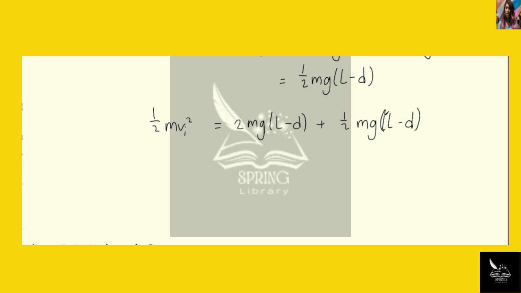So the sum of the kinetic energy and potential energy before, or at the bottom of the circle, has to give us the sum of the potential and kinetic energies at the top of the circle. So if we do a bit of rearranging, we find vi to be the square root of 5 times gravitational acceleration g into the radius of the circle, L minus d.